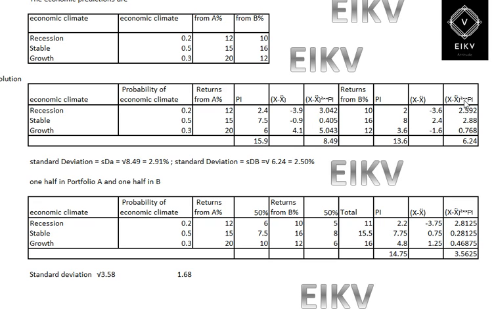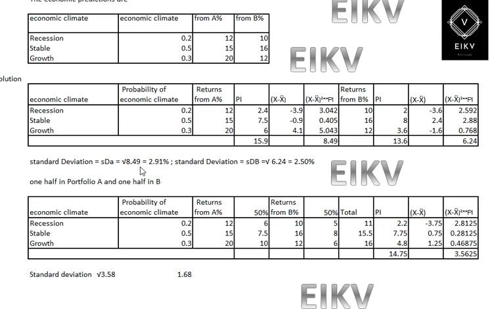After that we have X minus X bar whole square into Pi, that is 3.6 into 3.6 into 0.2, and 2.4 into 2.4 into 0.5, and 1.6 into 1.6 into 0.3, and when we take the total it would be 6.25.